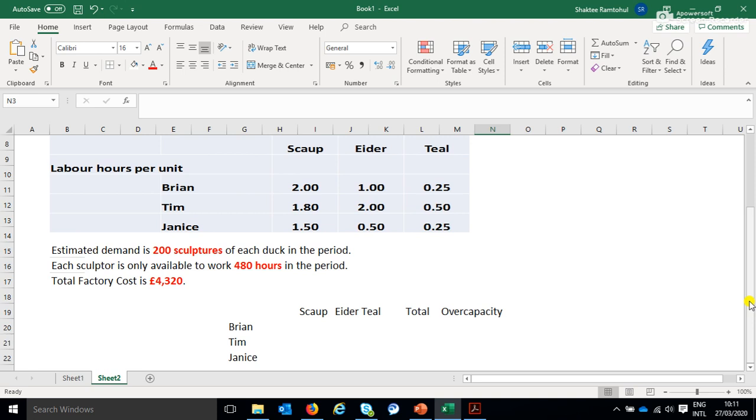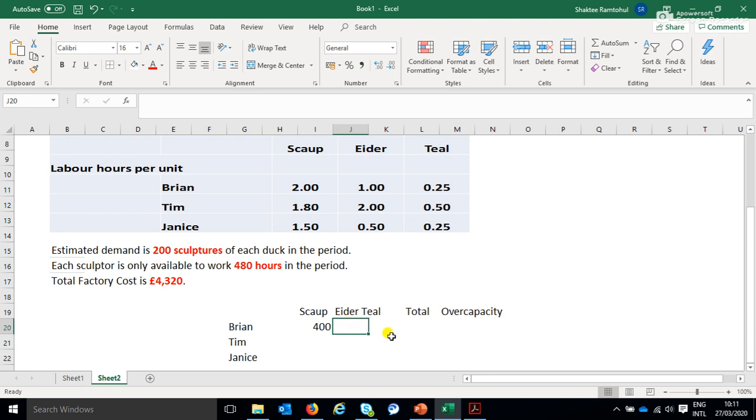We'll take it step by step, and then you will see how throughput accounting comes into the picture a little bit later. To do that, first of all, if we take scalp, remember the estimated demand is 200 sculptures. So for Brian, that's 200 multiplied by 2, so that's 400.